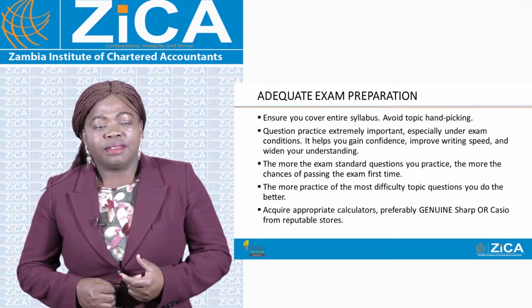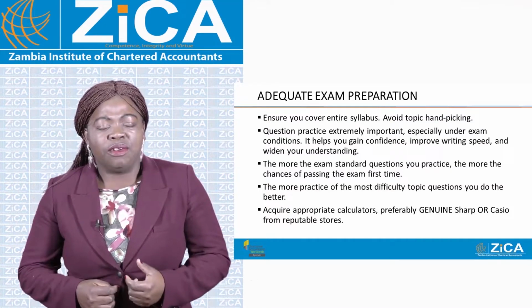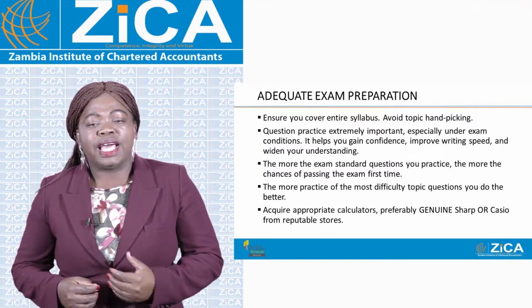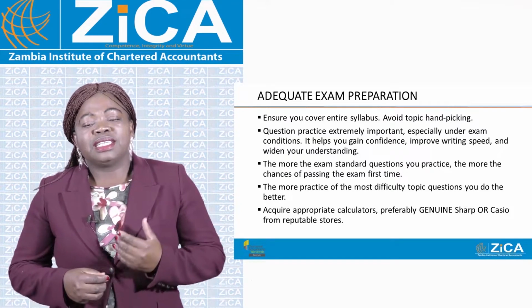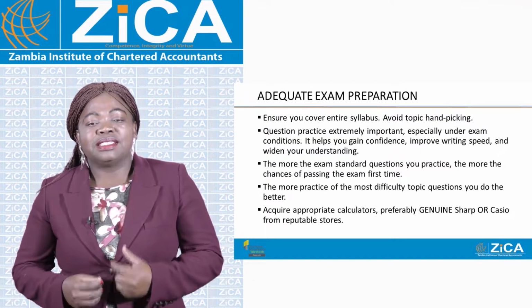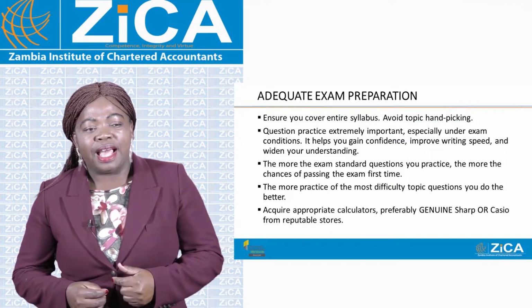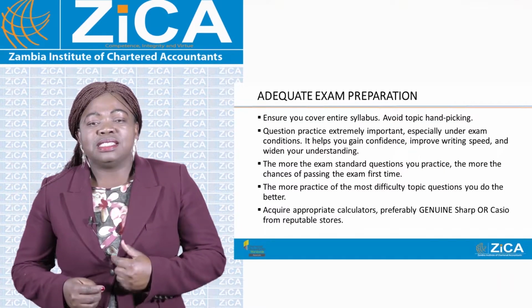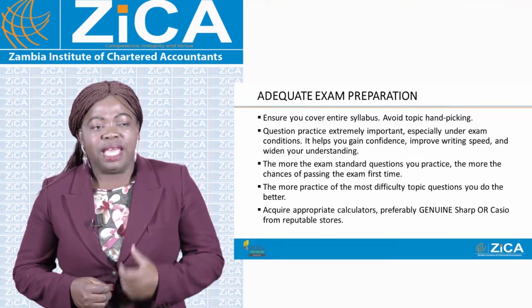By hand-picking, you disadvantage yourself, especially when it comes to Section C of this particular exam, because in Section C, you cannot predict which standard the examiner is going to include in there. Questions will come from across the syllabus, and it is accounting standards based.